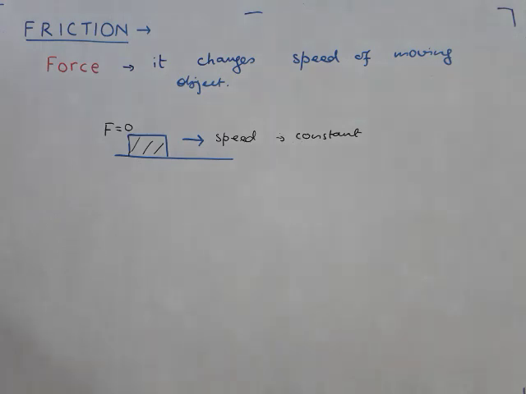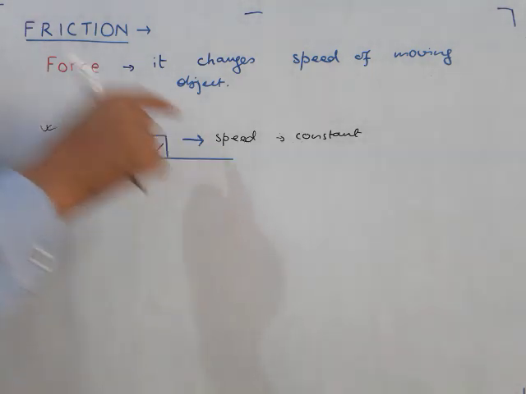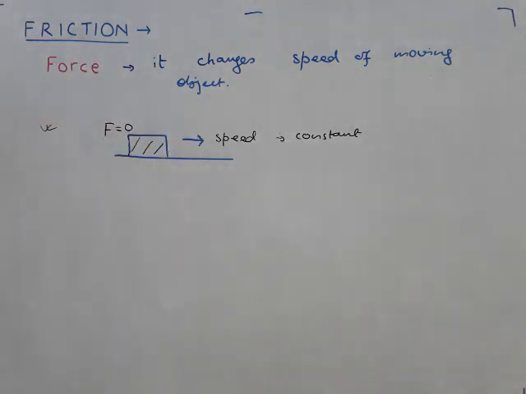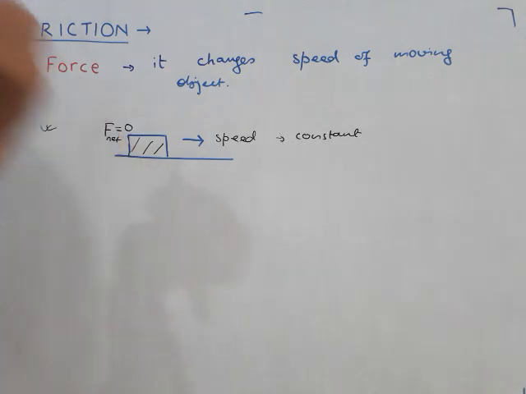It will not increase, it will not decrease. This is a very important result which you should remember, that if a body is moving in a straight path with constant speed, then it means no net force is acting on the body.